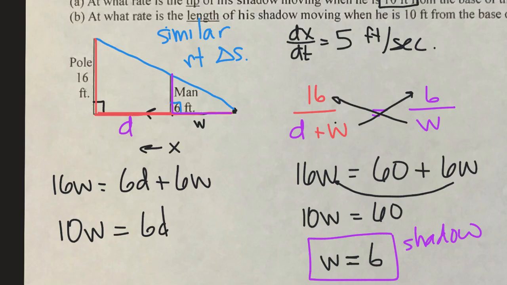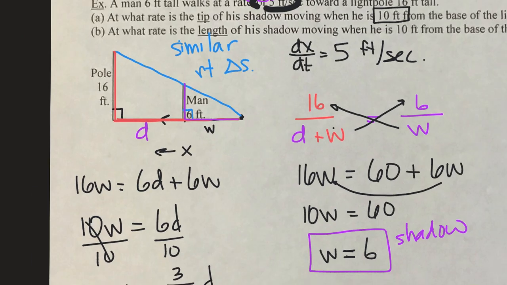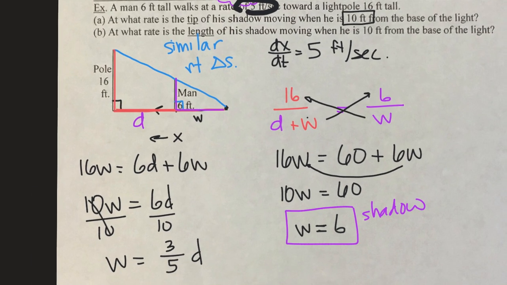And what do we want to solve for? W. So we'll divide both sides by 10, and we'll get W equals 3/5 of D. The shadow is 3/5 of the distance the man is away from the pole. Okay, that's okay.